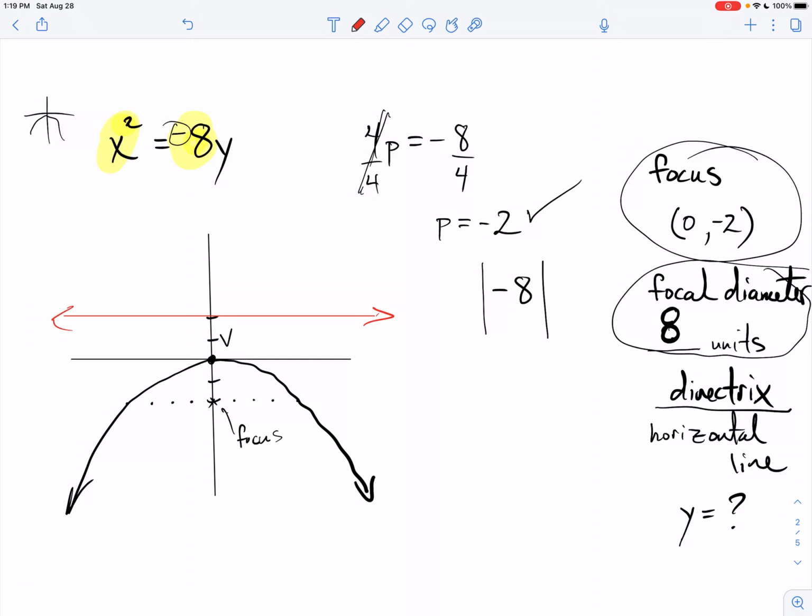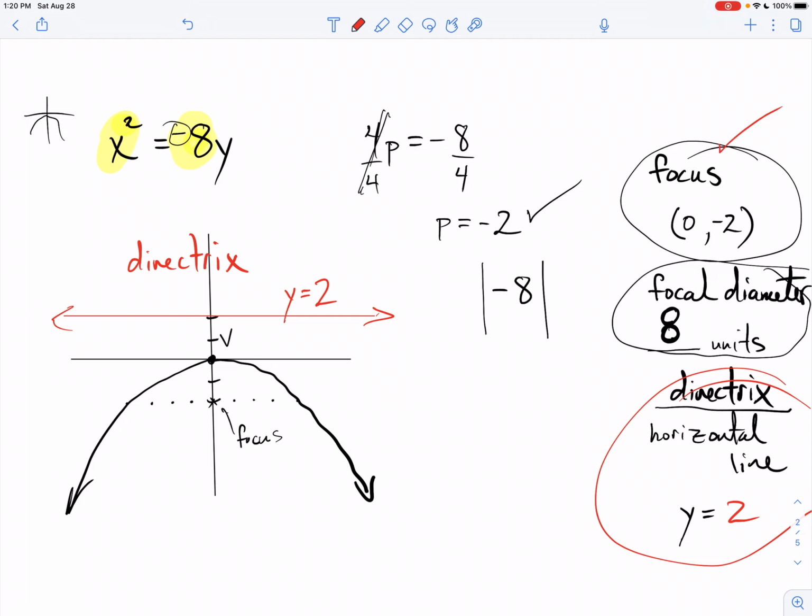It's a directrix. And that name would be y equals, where's it crossing the y-axis? At 2. So we would call it y equals 2. That's my directrix.